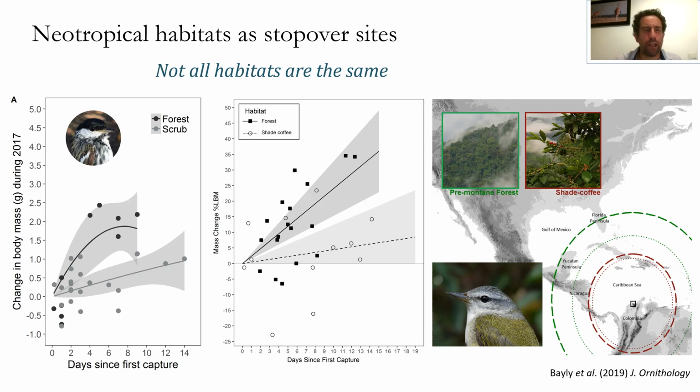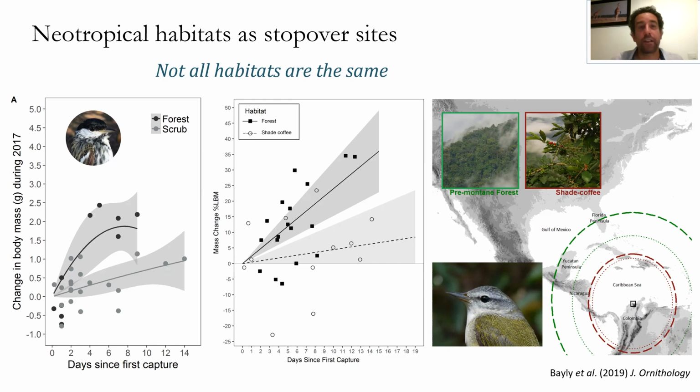Some are slightly more forest-like with a slightly higher canopy, but there are vast areas of very low canopy dry scrub. What we found the first time we studied this was that birds had higher fueling rates in these more forest-like habitats, which perhaps makes logical sense in terms of vegetation complexity. But I'll come back to that shortly.